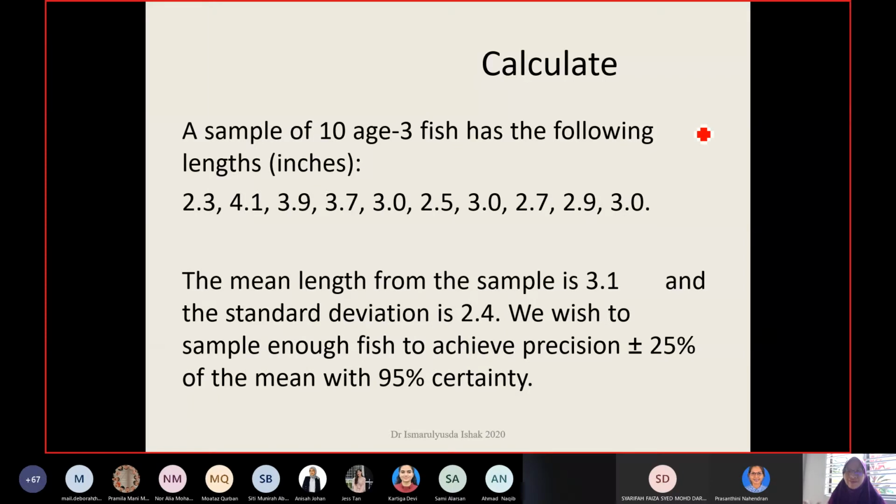Or if it is about the life and death of the subjects, for that one you need maybe 99.9%. But if your research does not involve death or life, maybe there is only injury, then you can use 95%. So the majority will use 95%.